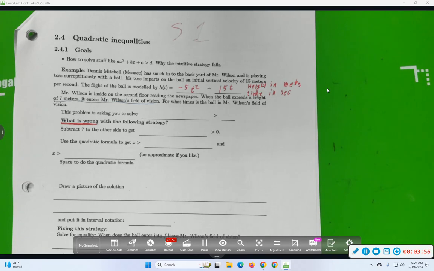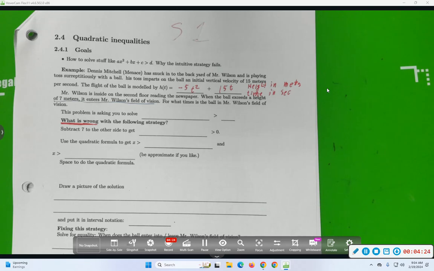So, how can you express that as an inequality? Unravel what's in this sentence. When the ball is at height 2 meters, is it in Mr. Wilson's field of vision?